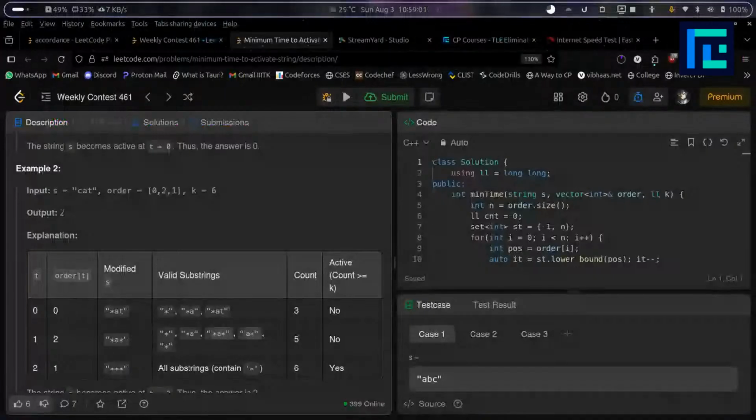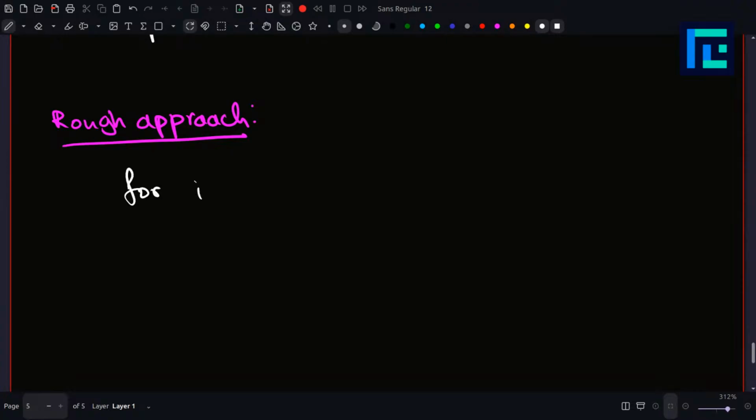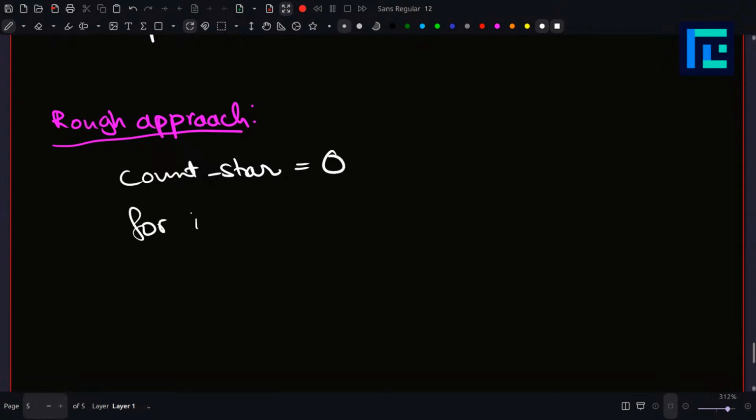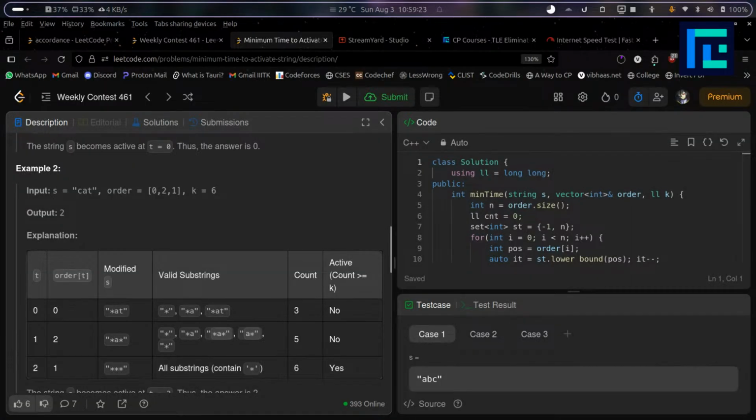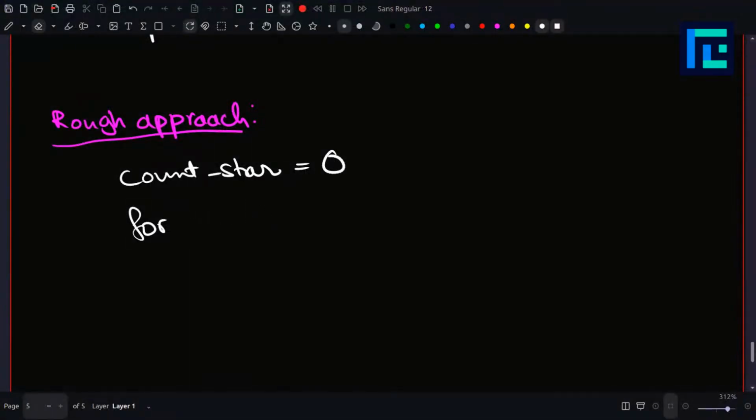So at each step, we just need to know how many substrings contain a star. Let's have a count of substrings with star, count star equals 0. Then for every position in the order vector, what do I need to do?